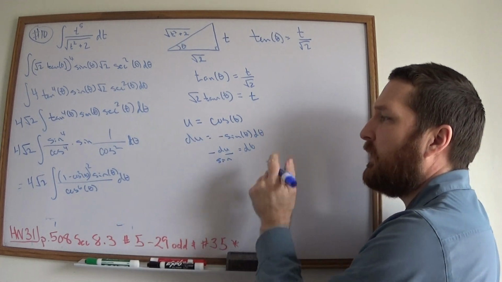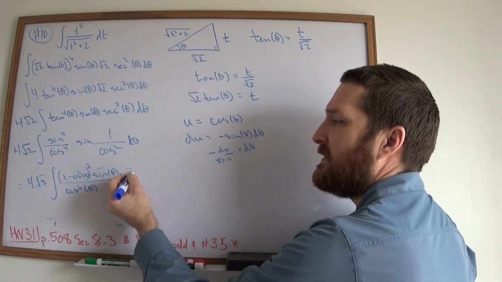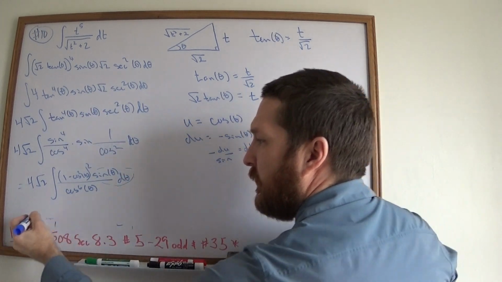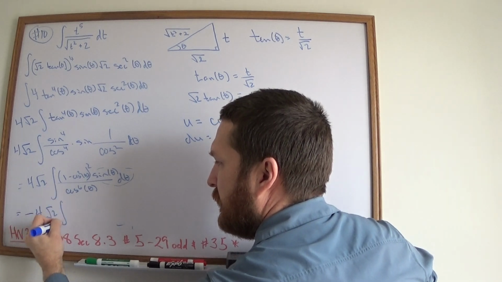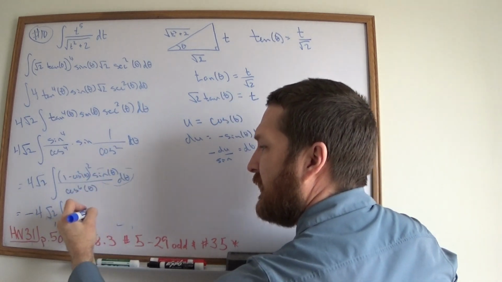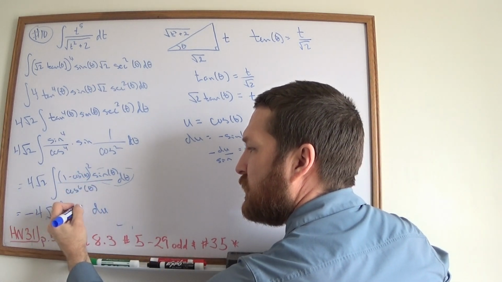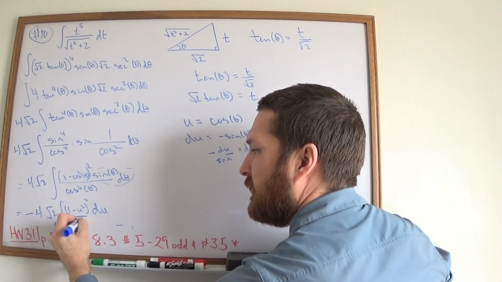We'll replace that with a du, however you like to do it. We pull that negative out front, so now it's negative 4 root 2, and the sine is gone and he's just du. This is now 1 minus u squared, quantity squared, all over u to the 6th.